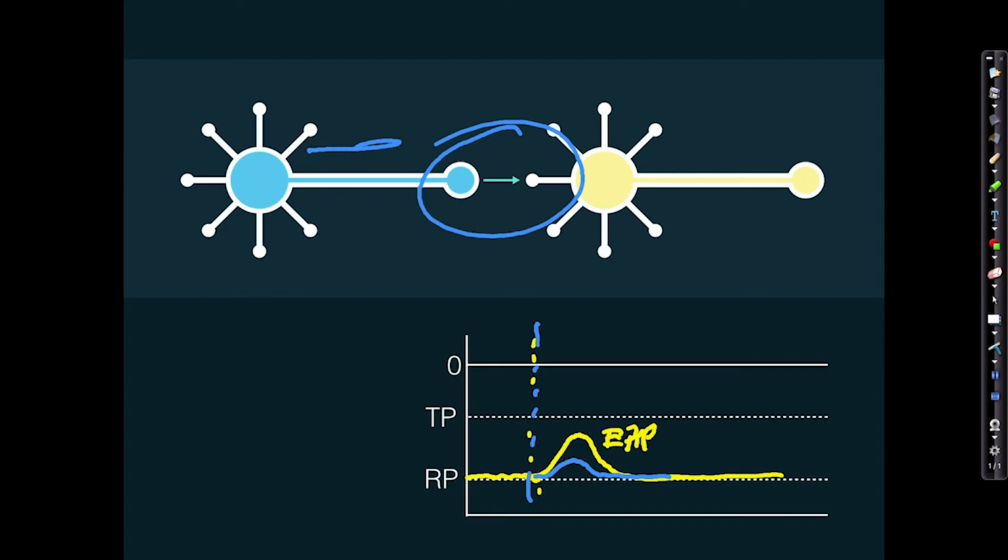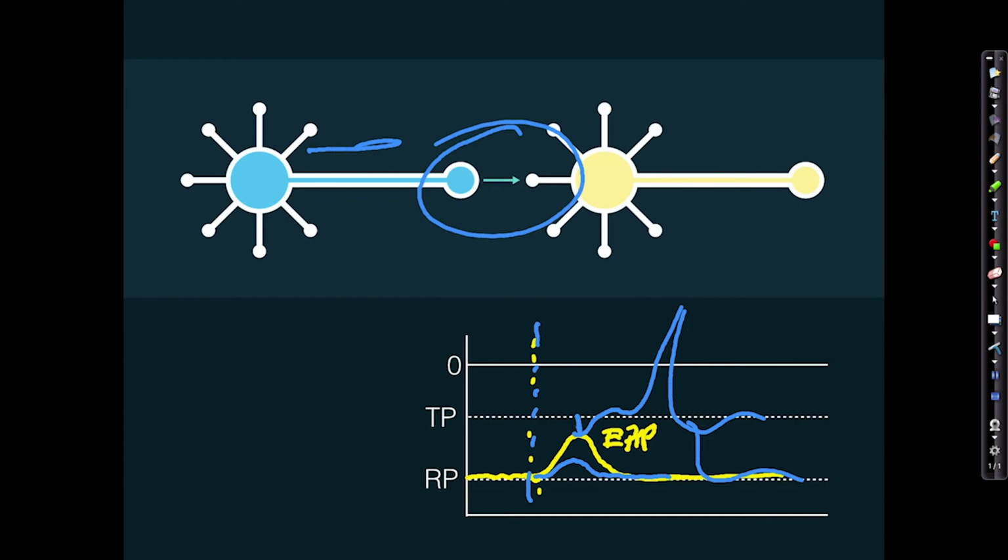So overall, the stronger connection means that the EPSP has pushed the membrane potential closer. It's almost touching now the threshold potential. So all it needs is another EPSP to arrive on another dendrite, perhaps, in quick succession, and that's going to push it over, and you're going to get an action potential.